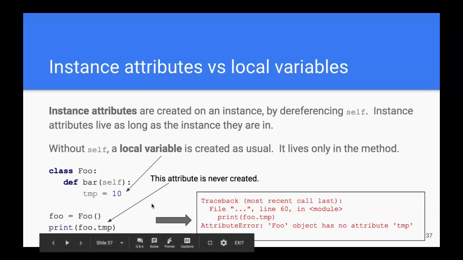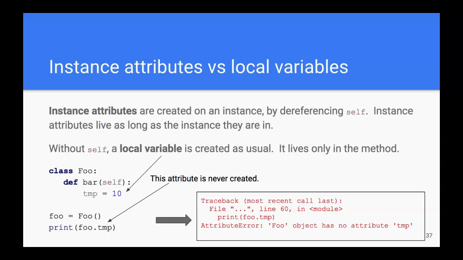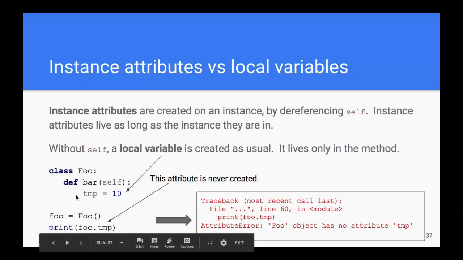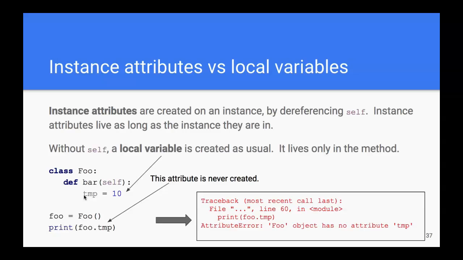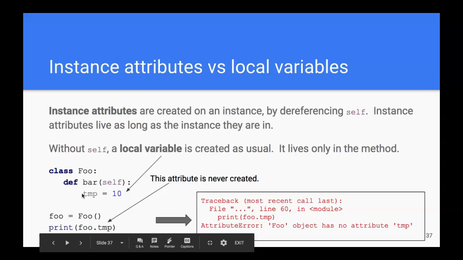So keep that difference in mind. I've seen many students, when they first start object-oriented programming, forget to put self dot in front of an attribute they want to create for an instance and wonder where it's gone. So always put self dot in front of an instance attribute.